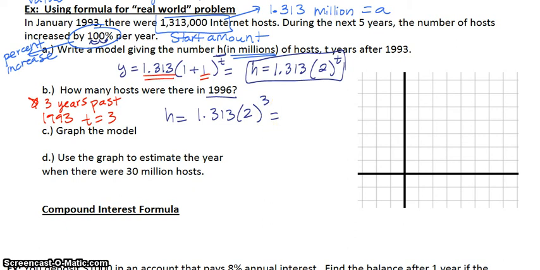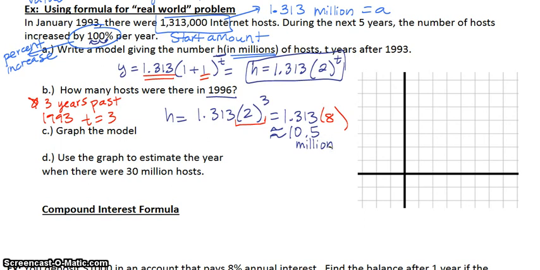When you're doing an exponential equation like this, according to order of operations, exponents always comes first. So if I'm going to do this by hand, I would do 2 cubed first, which is 8, then multiply them. If you're using a graphing calculator, most of them can do that without a problem. But if I round it, I end up with 10.5. So 10.5 million is the answer.